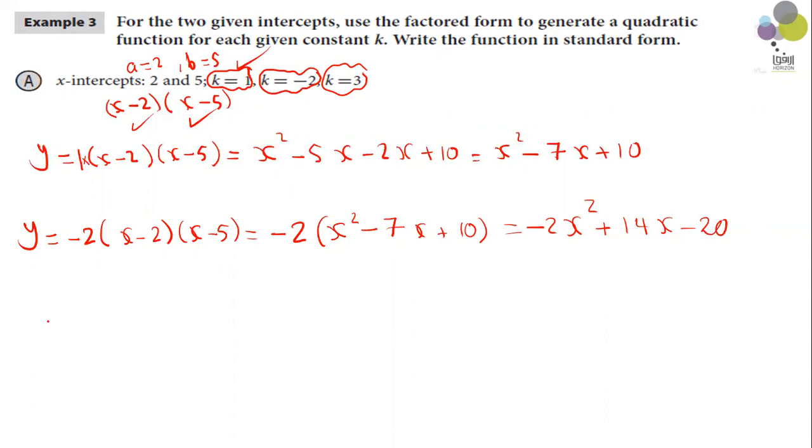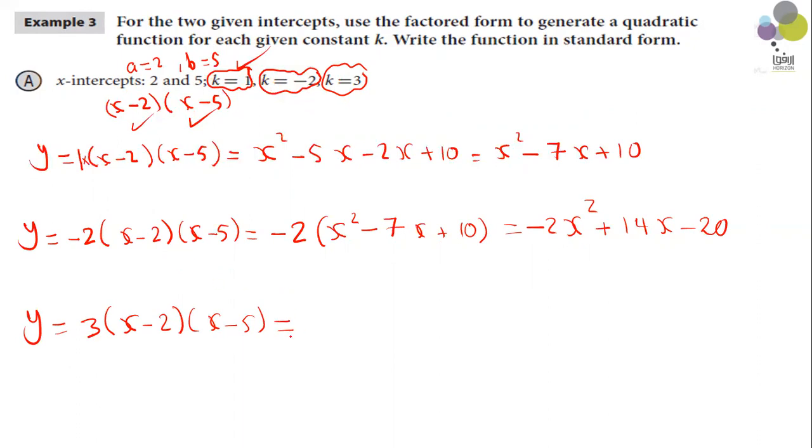Okay. The third one, when k equals 3, so 3 multiply first linear multiply second linear. So you have to get the first linear factor, second linear factor, and then use if k equals 1, k equals negative 2, if k equals 3.